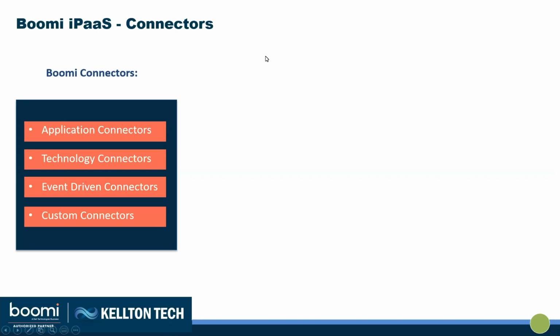And Boomi also has something called the connector SDK. So if you are looking for a connector that is not already available on Boomi right now, then Boomi provides an SDK which empowers the application teams to build a connector quickly by themselves without having to worry about creating it from scratch.